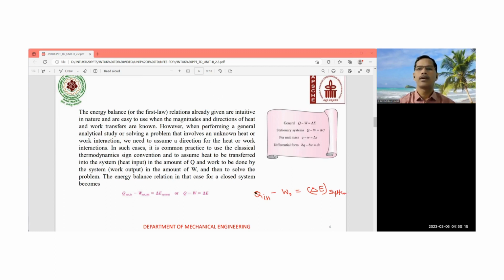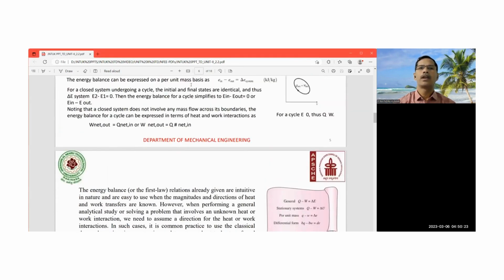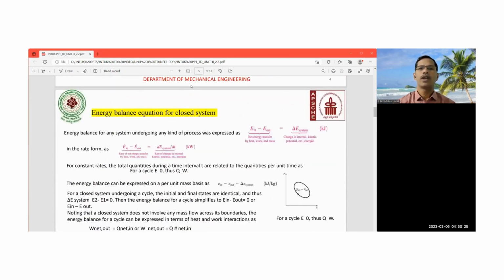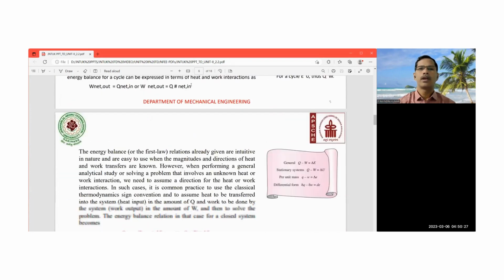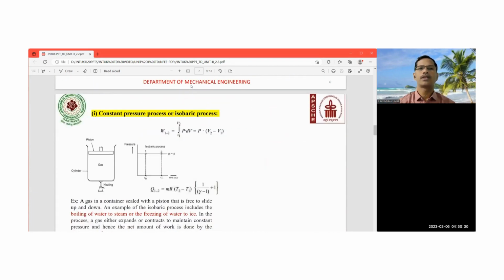So this is the energy balance equation for a closed system.